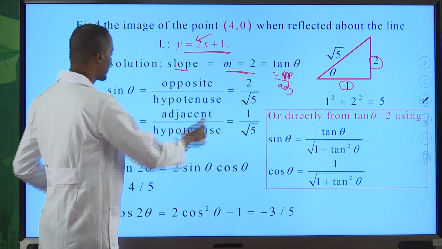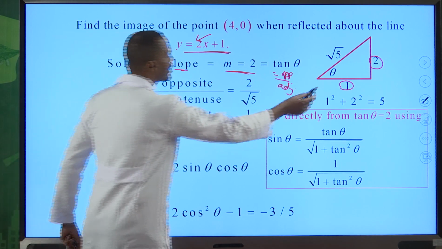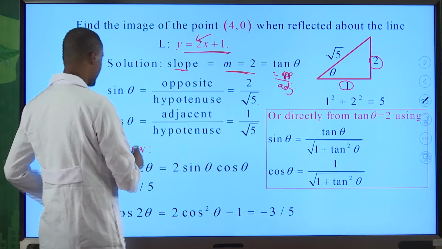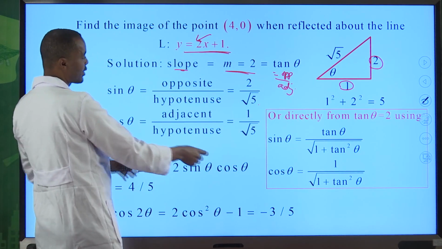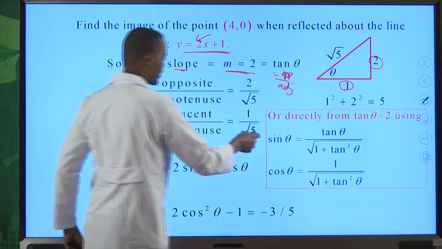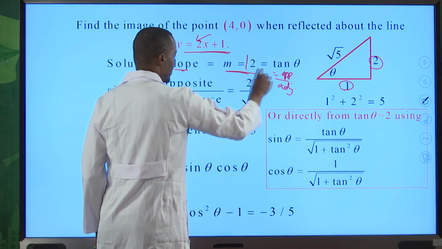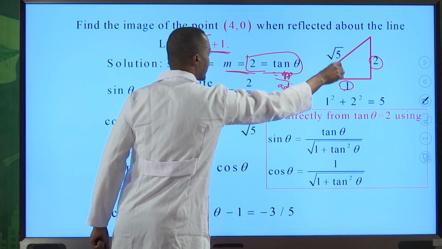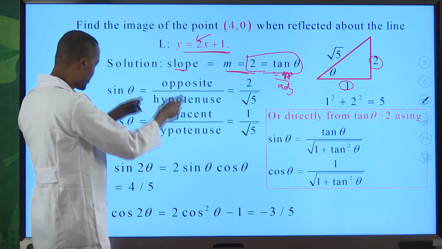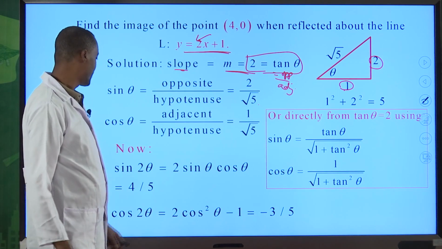Sine is opposite over hypotenuse, so that is 2 over root 5. Cosine of theta is adjacent over hypotenuse, that is 1 over root 5. You can directly draw a triangle from the given slope, and from that you can infer what the sine and cosine have to be.